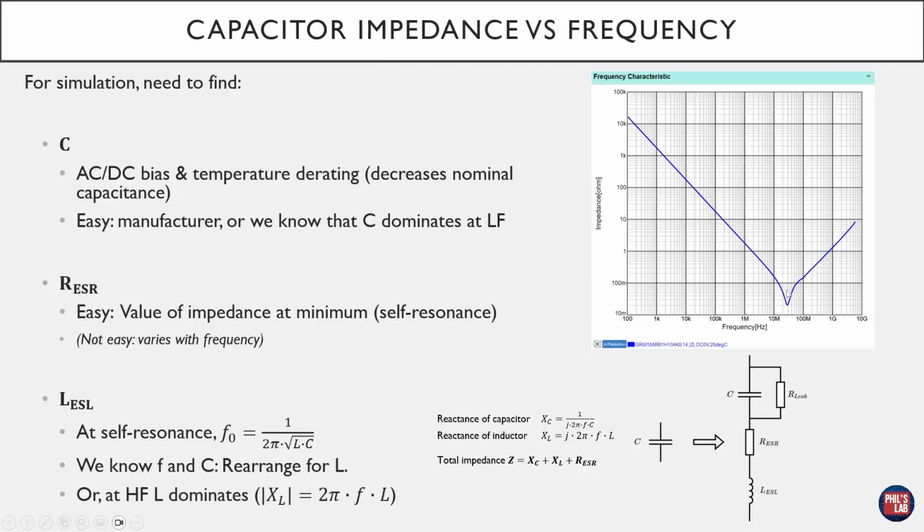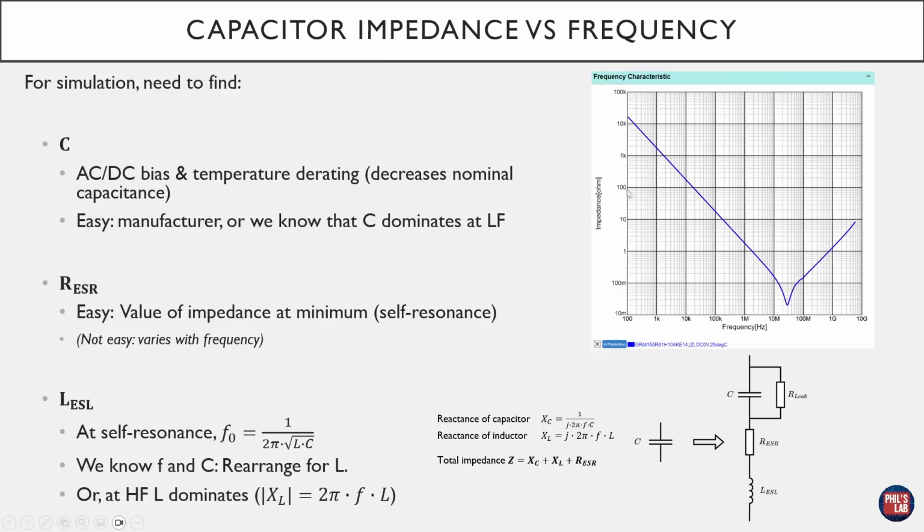Then we hit a resonance point, which is known as the self-resonant frequency of the capacitor, where both the capacitance and the equivalent series inductance cancel out, and we're left with the equivalent series resistance, and this is this minimum point, after which we start going into the inductive region of the capacitor where the equivalent series inductance dominates. This kind of graph is what you'll be seeing quite often when you look at capacitor datasheets and spec sheets. Capacitive region, self-resonance, and inductive region.